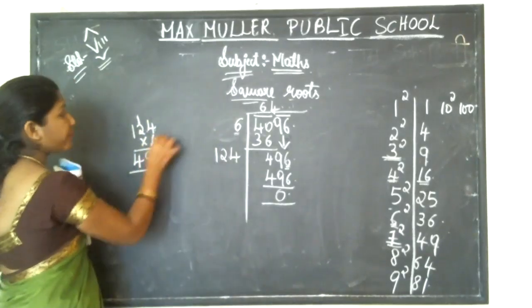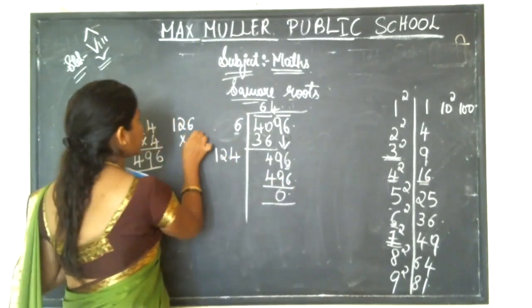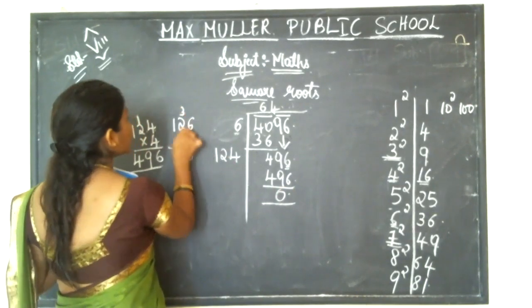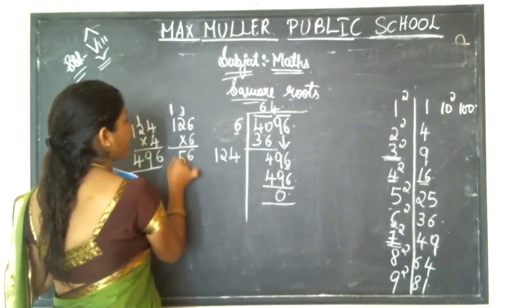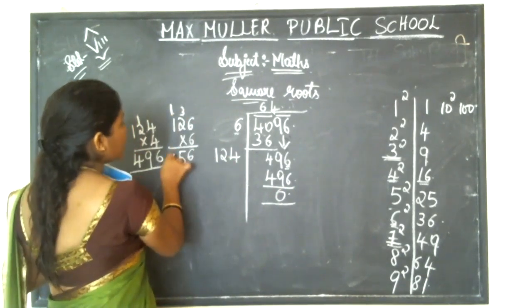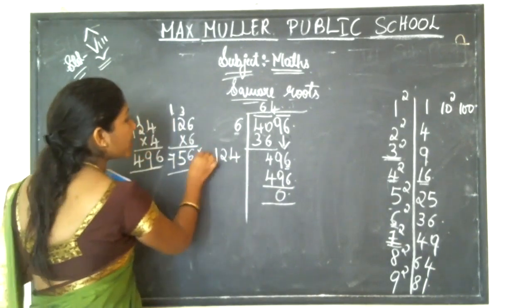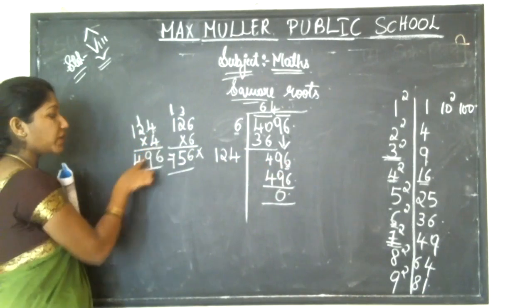Understood, students? If you do 126 into 6, 6 6s are 36, 3 remainder, 6 2s are 12, 13, 14, 15, 6 1s are 6, 7. 756 will be your number. So you need only 496. So you are taking 124 into 4.